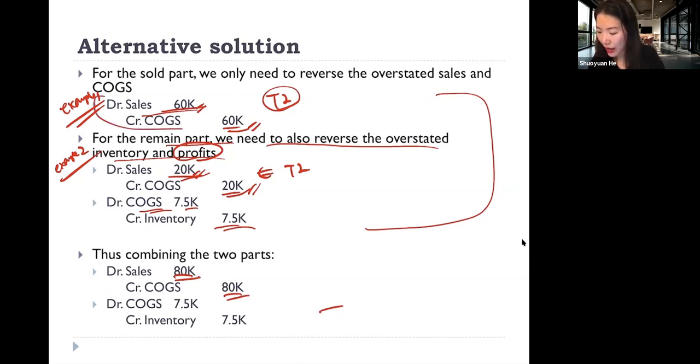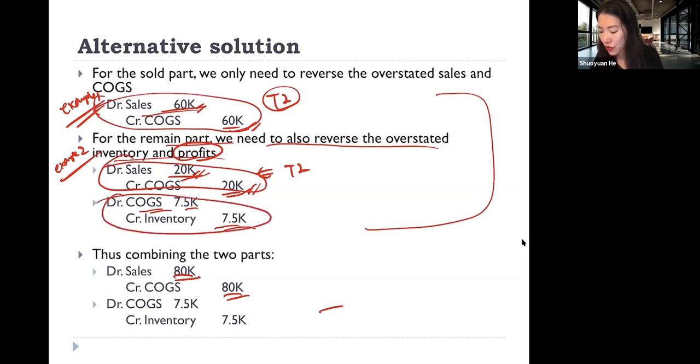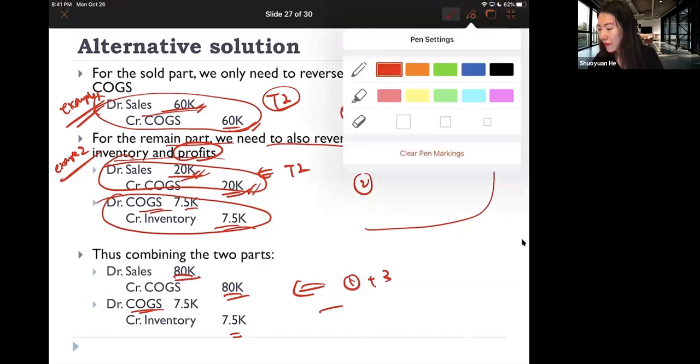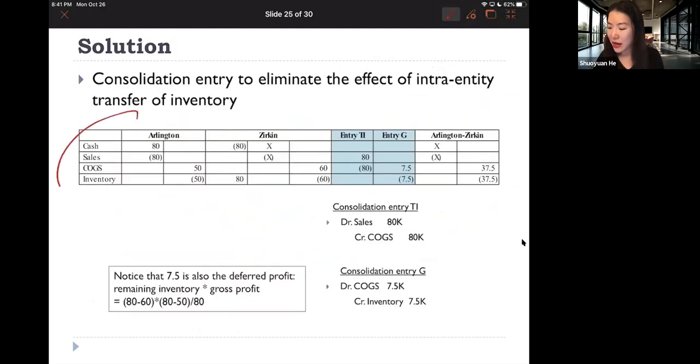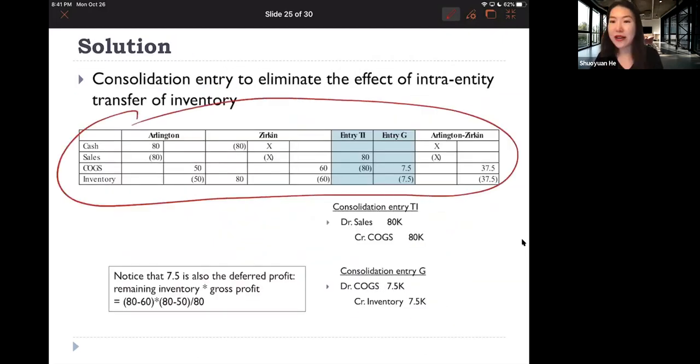So these two entries are derived here using this method.